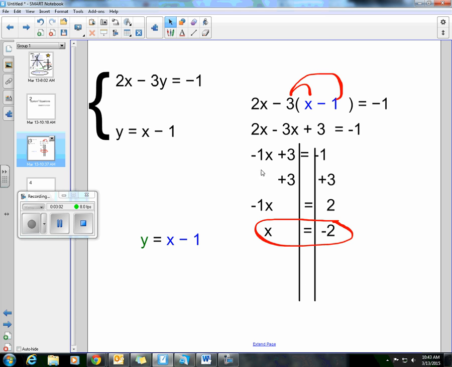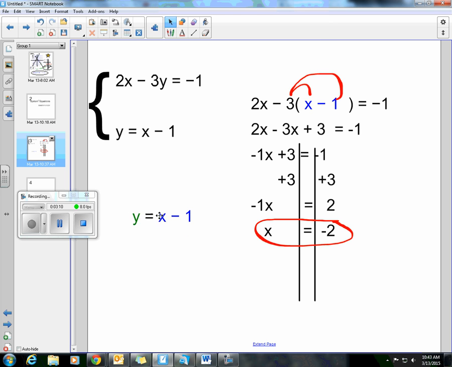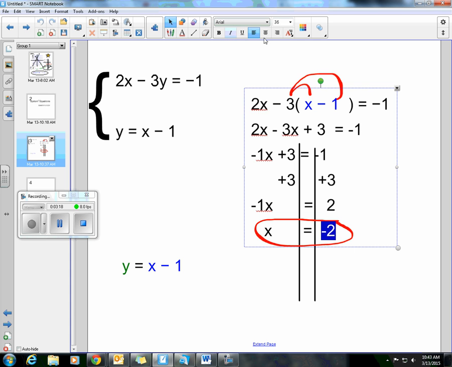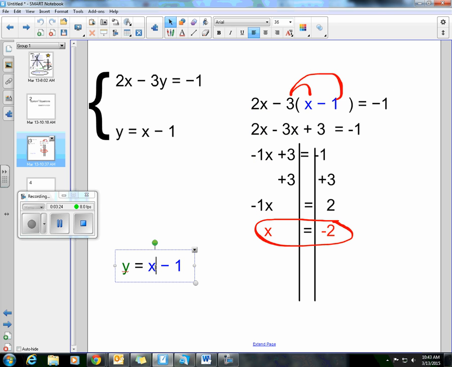Okay, so now that I have that x is negative 2, I can plug in this negative 2 and figure out what y is. I'm going to use just the same one because it's a shorter problem. I'm going to plug in negative 2 every time I see x. So here's an x, and what am I supposed to plug in?